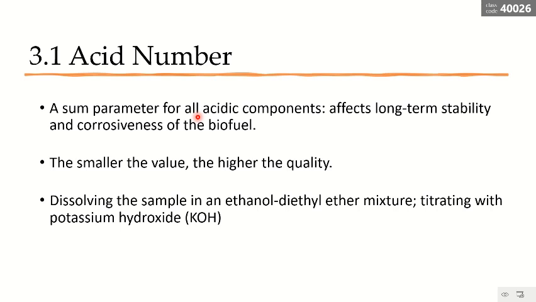And commonly, a fatty acid only has one carboxylic group. Basically, one molecule has one acid group. That's why we can empirically just sum them up. One molecule, one COOH group.